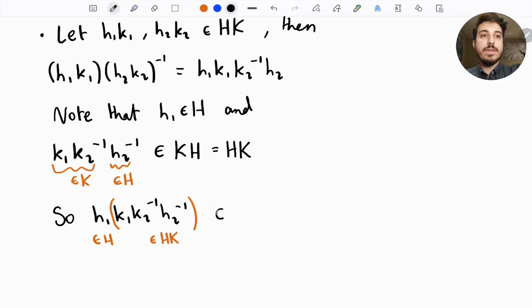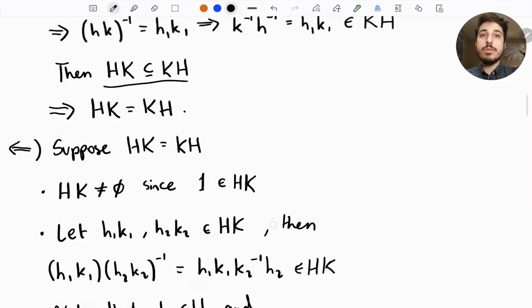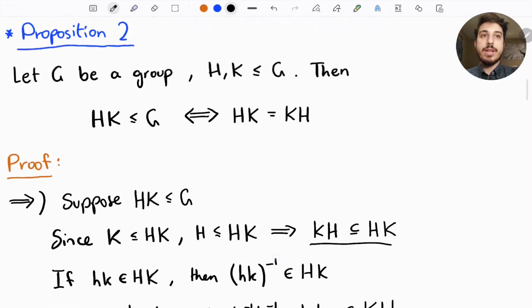Therefore, all of this is in HK. But this is exactly this element here, which is in HK. So now we have proven that HK is a subgroup of G, completing the proof of the backward direction and the proof of Proposition 2.